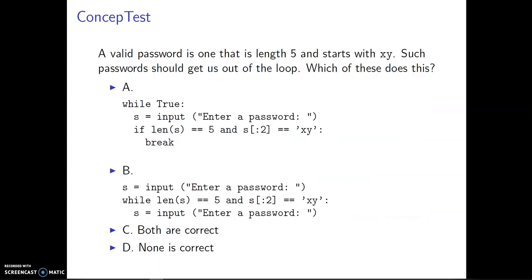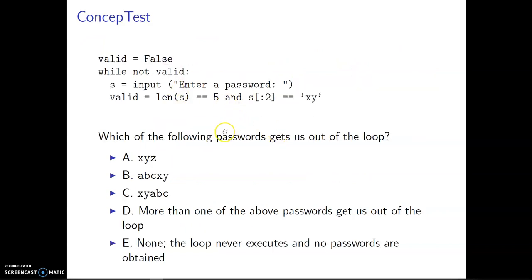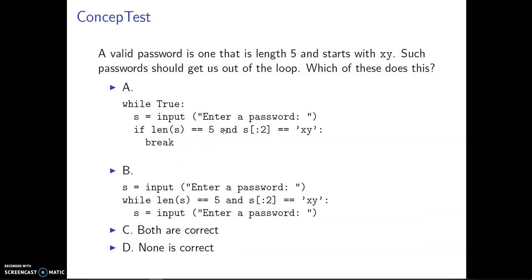But here's some examples. While true, you enter a password. If the length meets these criteria both, then we break. Okay? This is one option for doing the same thing that we are doing here, right? So is that correct? Well, what about this one? We first get the input.